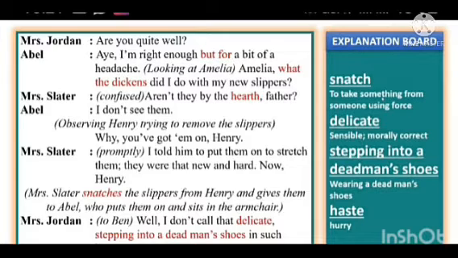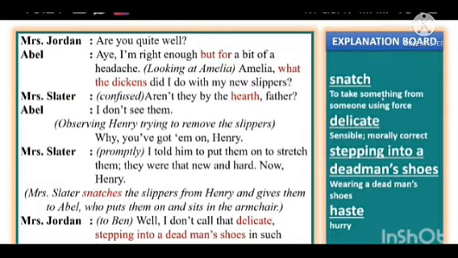According to Mrs. Elizabeth or Mrs. Jordan, stepping into a dead man's shoes means wearing Abel Merriweather's shoes is not a morally correct thing.